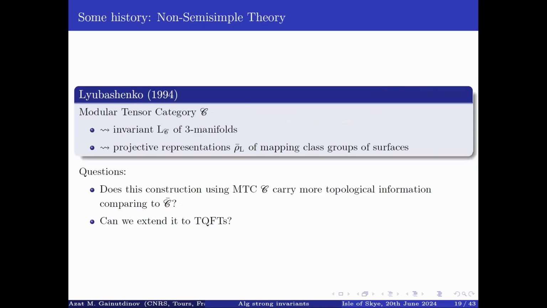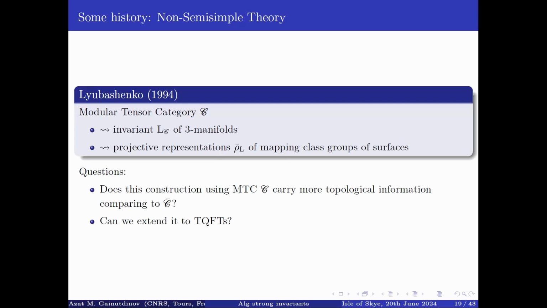Okay, so what are the properties? Even at that time, Lyubashenko not only introduced this three-manifold invariant, he also formally defined projective representations of mapping class groups of surfaces, a generalized Reshetikhin-Turaev functor. But there was no TQFT construction.